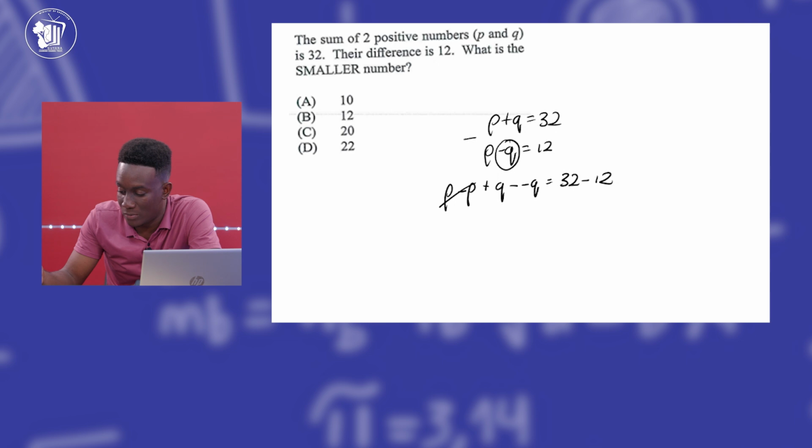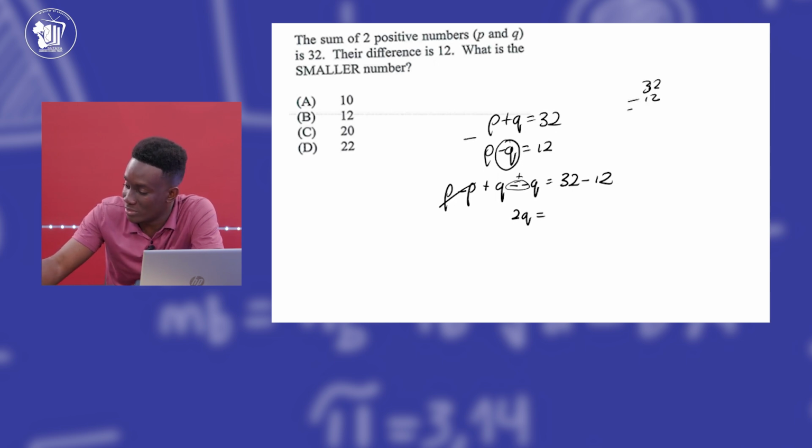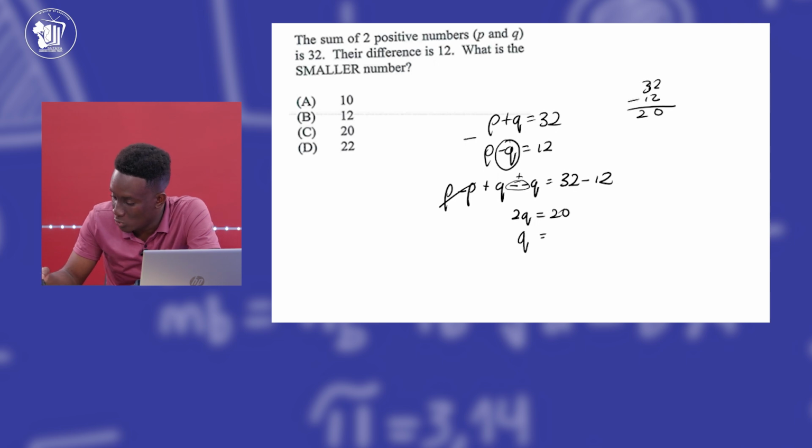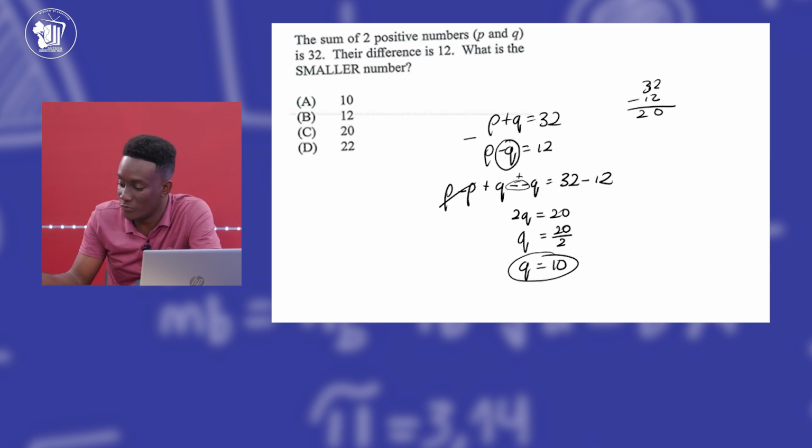P subtract P would be 0, that will cancel out, and Q subtract negative Q, the two negatives will turn into a positive, so Q plus Q would be 2Q is equal to 32 minus 12, which gives me 20. Hence Q would therefore be equal to, this 2 is multiplying, and we take it over to a divide, so we'll have 20 divided by 2, Q is equal to 10. So the value of Q is 10.